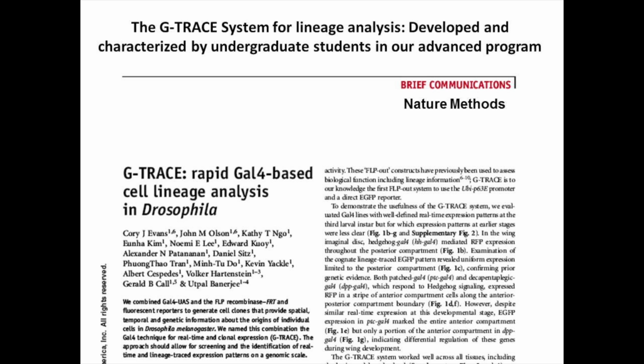For example, this G-trace technique, other than Corey Evans, John Olson, and here, obviously, Volker Hartenstein, Gerald Call, and myself. Everybody else here is an undergraduate student. And together, they developed this method for lineage tracing, which came out in Nature Methods.